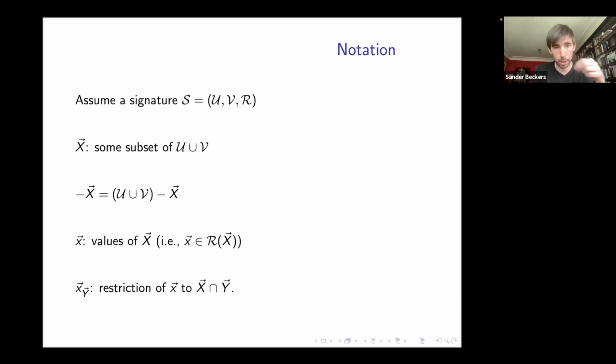So little x means it's some value of capital X. And since x is a tuple, we might not be interested in all of the elements of it. If we want to restrict the values in x, little x, to those in the tuple Y, I indicate that with a subscript Y. So that's just going to be only the values of x that are appearing in the intersection of the tuple X and Y.